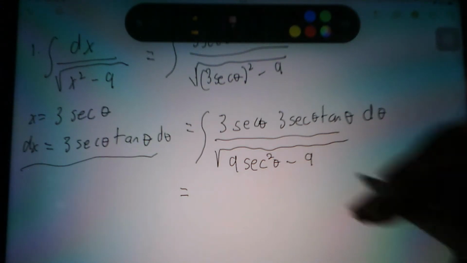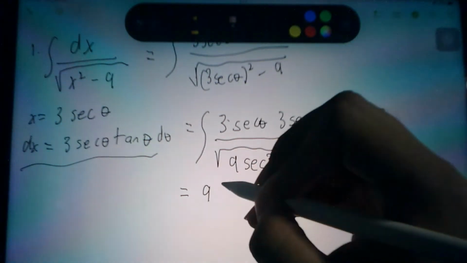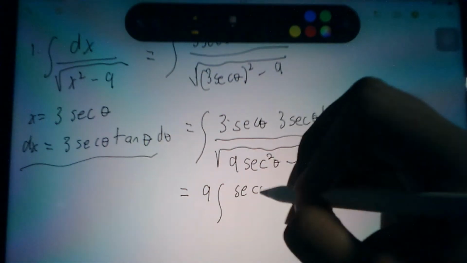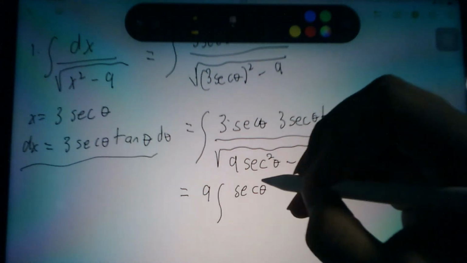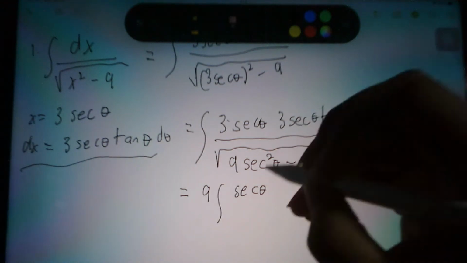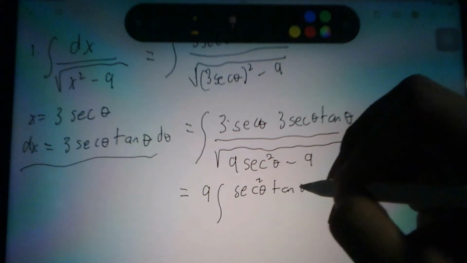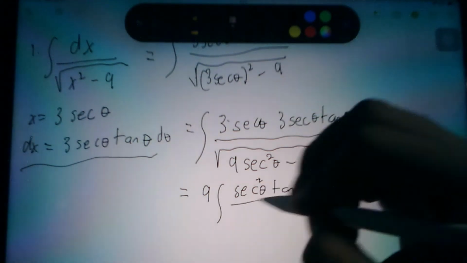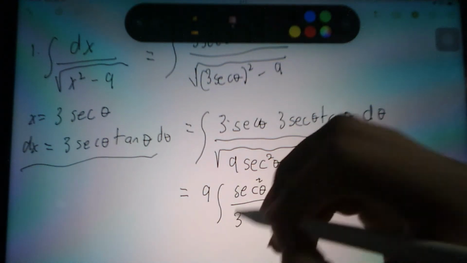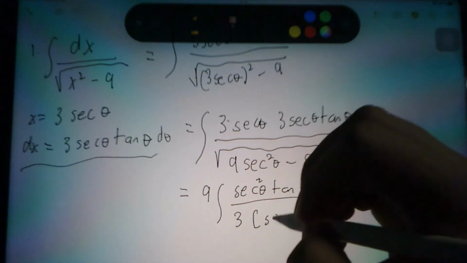We move the 3 and 3 outside, that will become 9, the integral of secant squared tangent theta d theta over square root of, let's say we factor it out, 3 secant squared theta.